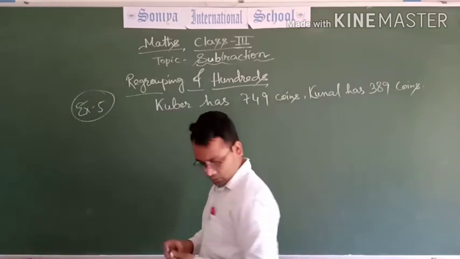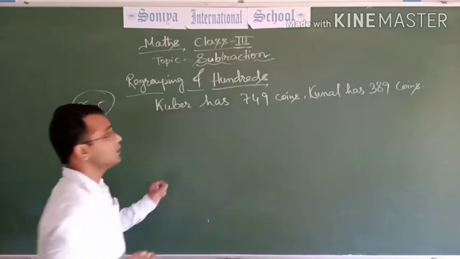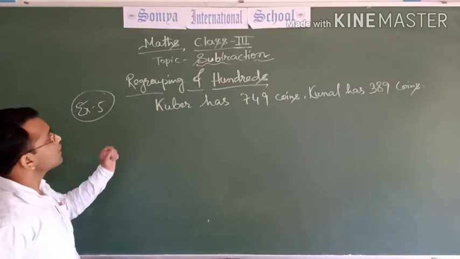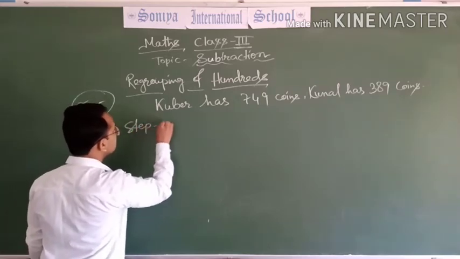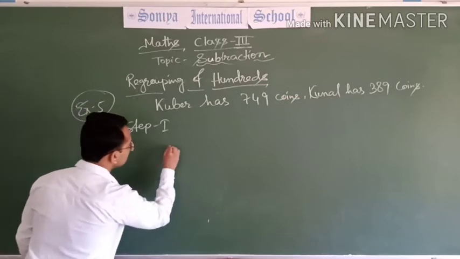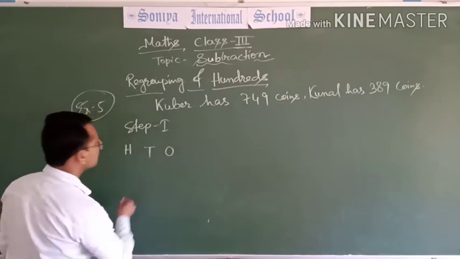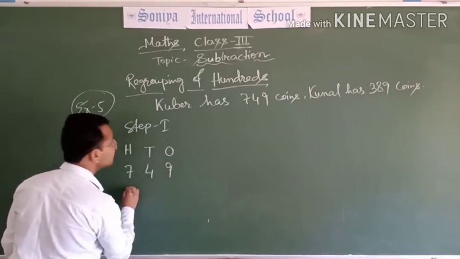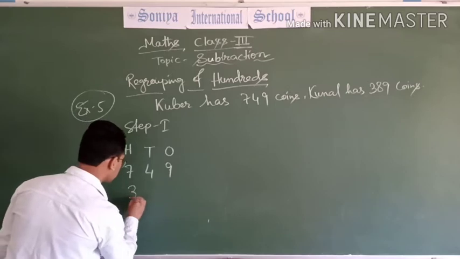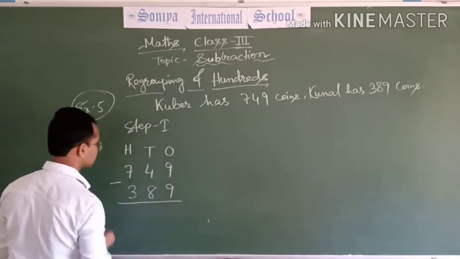You will do it stepwise. Step 1: same as ones, tens and hundreds, 749 minus 389.